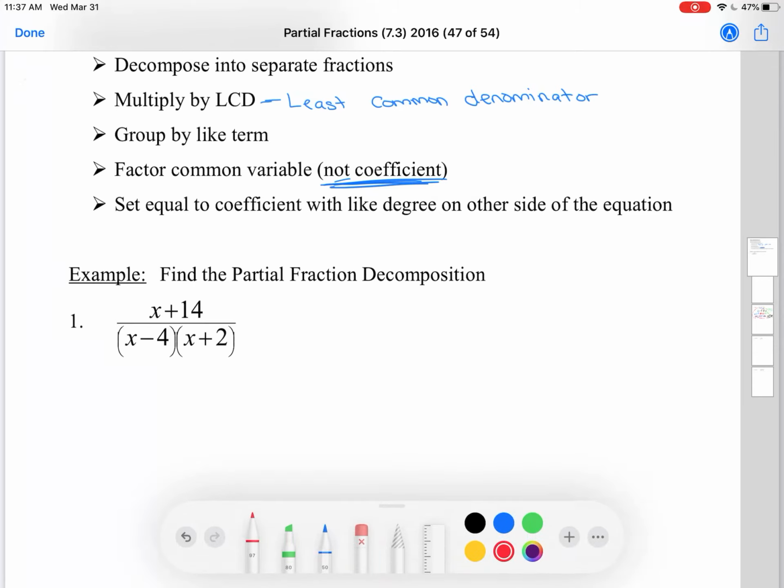So step 1, according to example 1, we got x plus 14 up in the numerator and x minus 4 and x plus 2 in the denominator. Step 1 tells us that we want to decompose the fraction. All right, so what that means is we are going to rewrite it, keep it the exact same at first, but then we're going to set it equal.